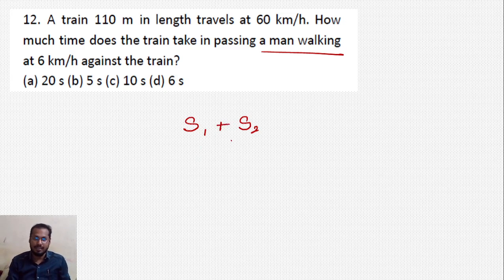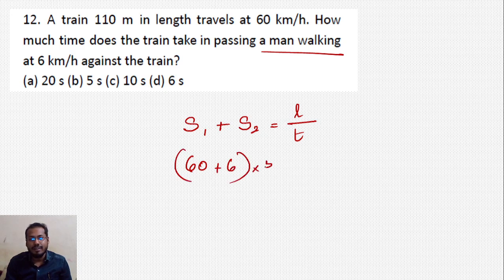So it is plus. That is equal to L1. That person does not have length, so you need not take L2 over T. So speed of the train is 60 km per hour and man 6, times 5 by 18 is equal to the length of the train, 110 meter over T.